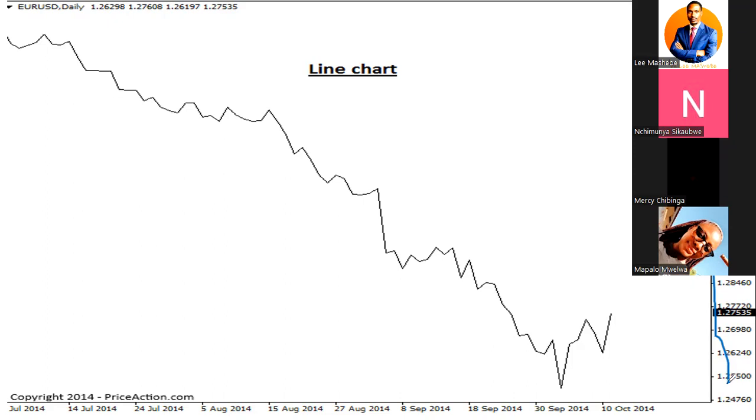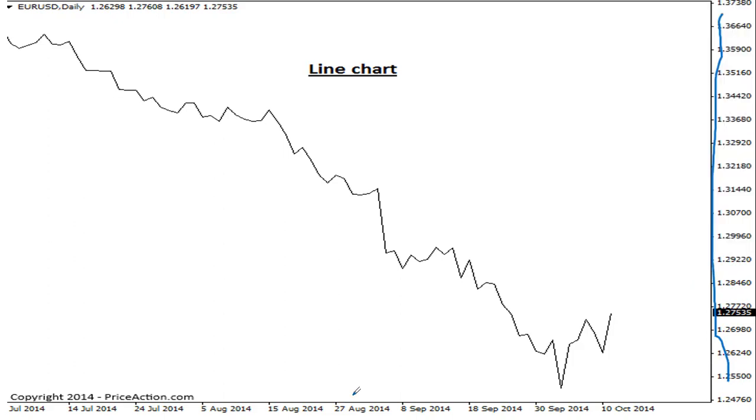Now, below, at the bottom of your price chart, you'll be able to see the years, the months, and the days. On top, you'll be able to see the currency that you are trading.